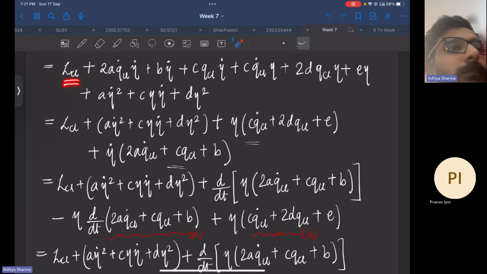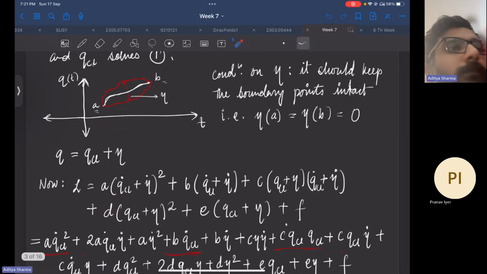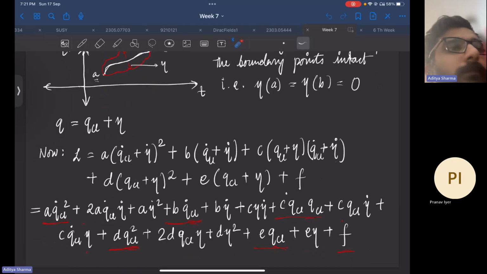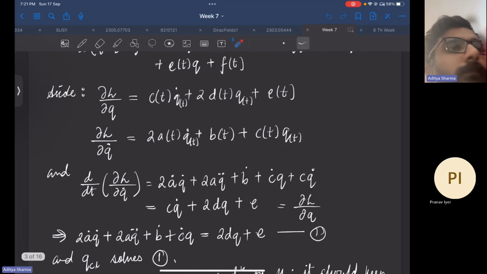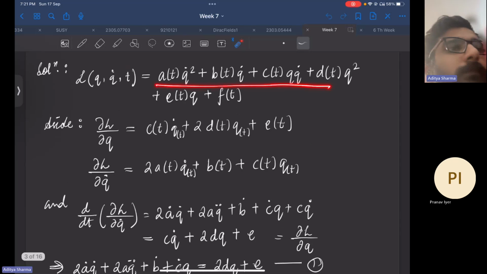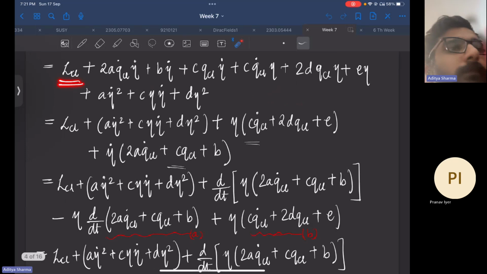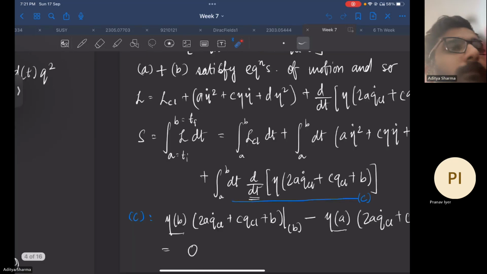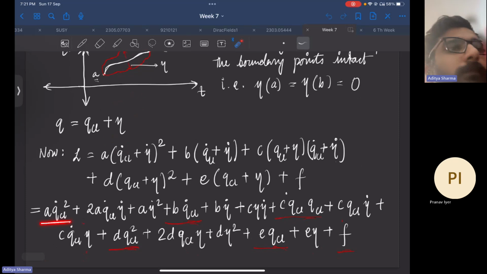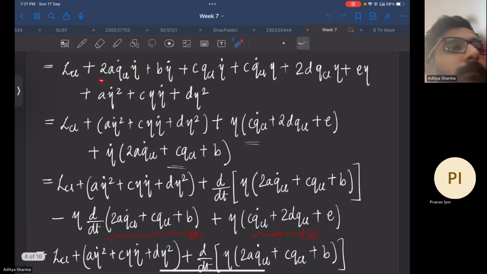The terms which were already there, the Lagrangian with QCL, I'm calling it LCL. That is all these terms that come in L of CL. And whatever is left, I'm writing it down. This is this term.